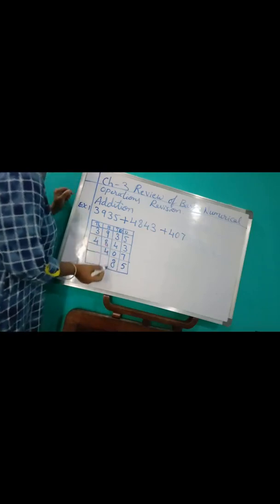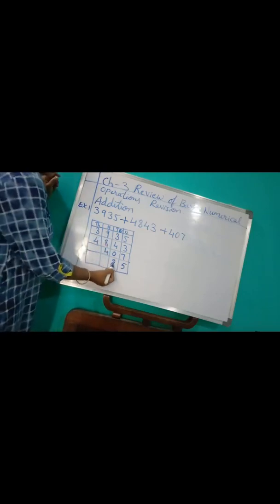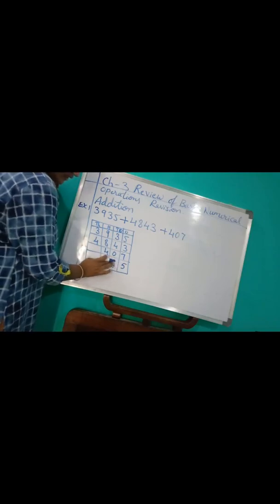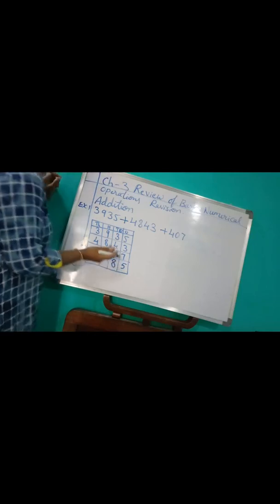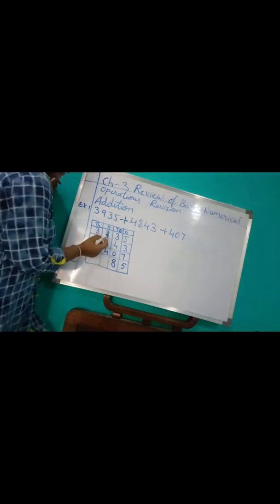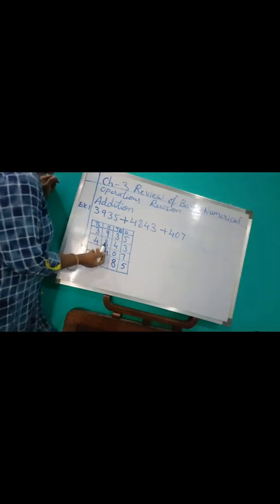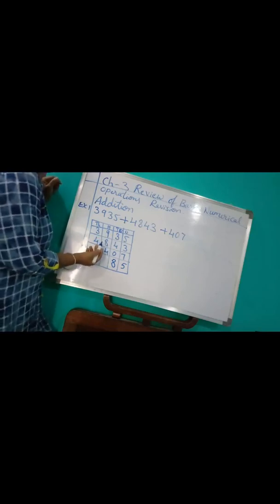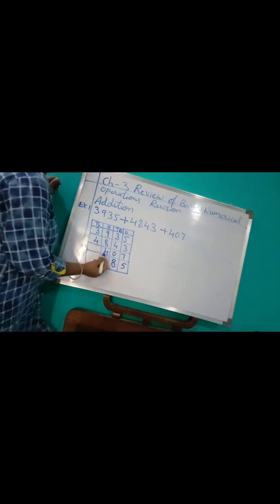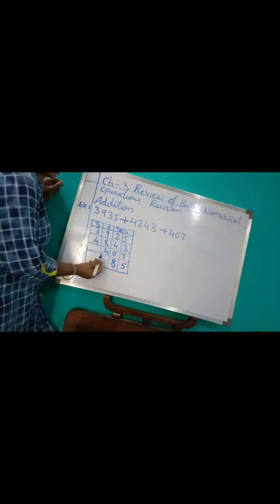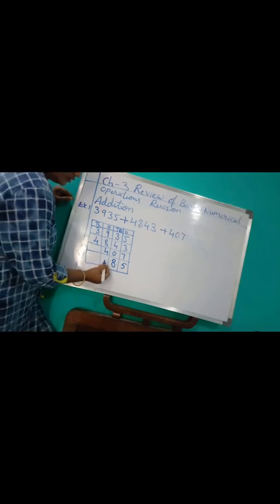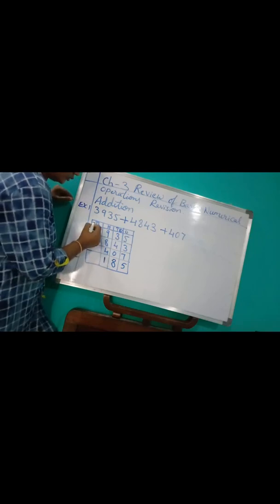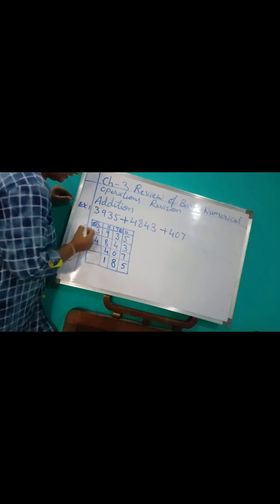Understood? Here is there any carry forward? No, because only 8. Single digit number. 8 is a single digit number. This is not a double digit number. That's why 8 like that only you should write. Again you should add these numbers. 9 plus 8, 17. 17 plus 4, 21. 21 is a 2 digit number. What you have to do? The ones place 1 you should keep here, and the tens place 2 you should keep in the carry forward.